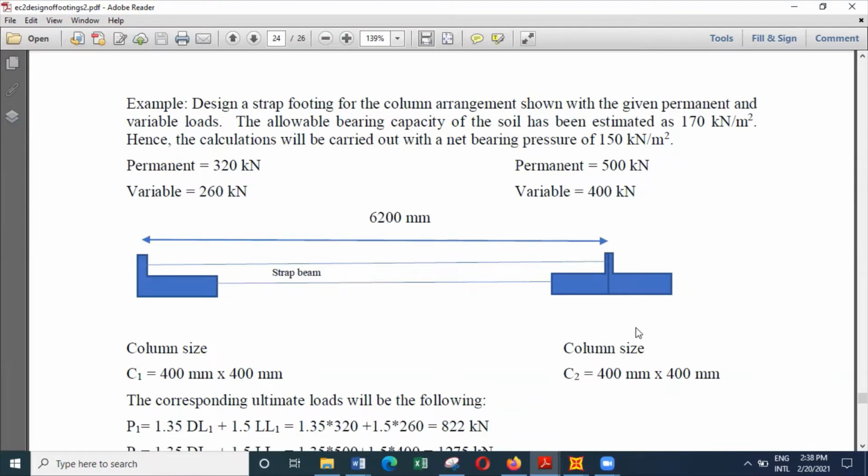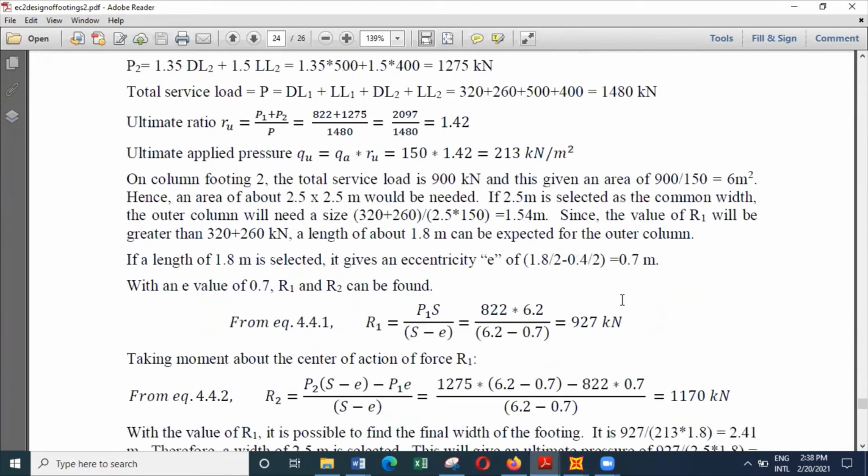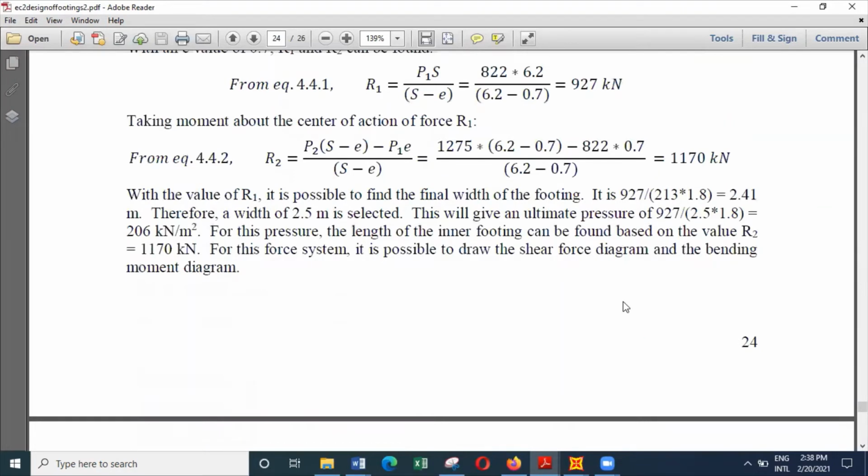Then we can find a suitable width for this base. So that is the other unknown parameter. Width is 2.5 meters. We can find a suitable length for this base. So you can see the bearing pressure is 206.